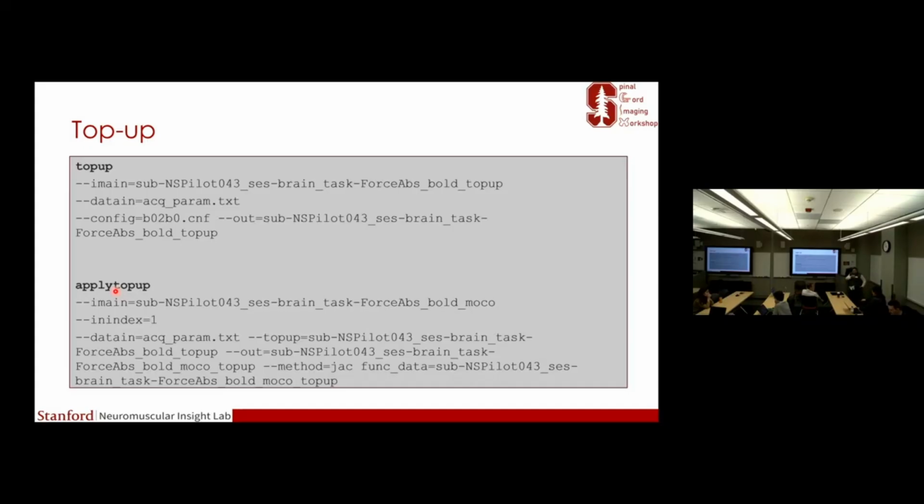We have the blip up, blip down for both brain and spinal cord as well, because it's combined, but we just don't do it for spinal cord because it hasn't been very well tested and validated.